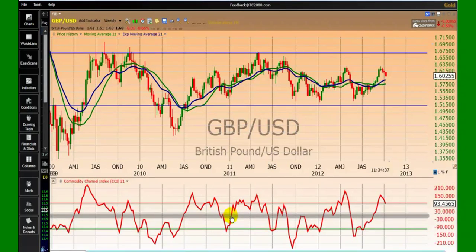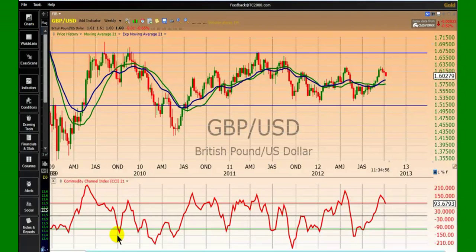If you are using CCI 14, the zero line will represent the moving average 14. If you are using, for instance, the CCI period 30, the zero line will represent the moving average 30. Now, I don't want to go deeply into it in this first part.